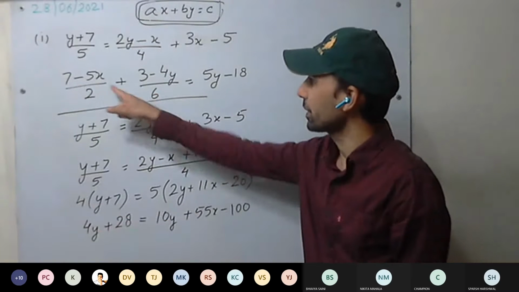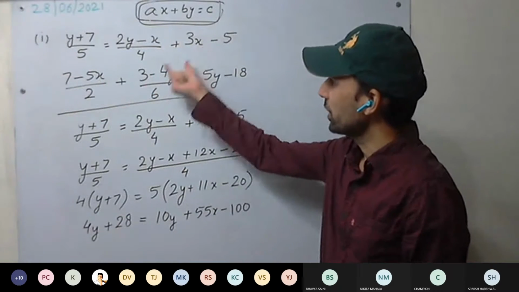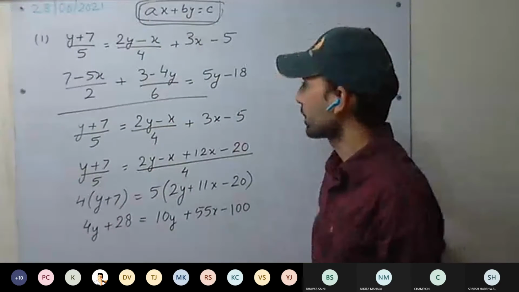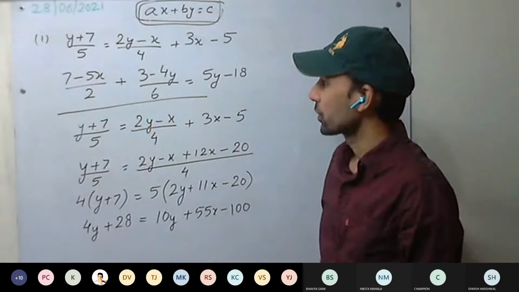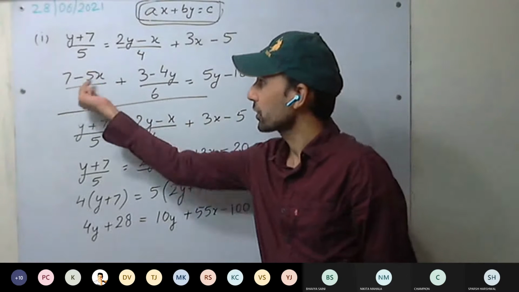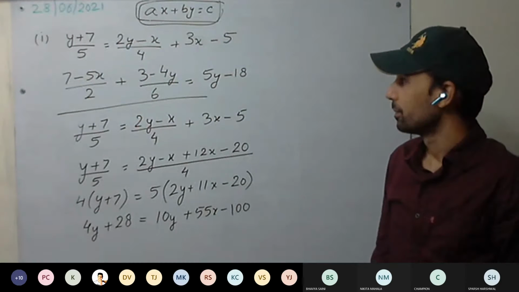Second equation, take the LCM here. We can do this equation as well in the same way, taking that side and taking the LCM. So 6 will be the LCM. You multiply the first equation with 3, then 6 you will take on the right hand side.